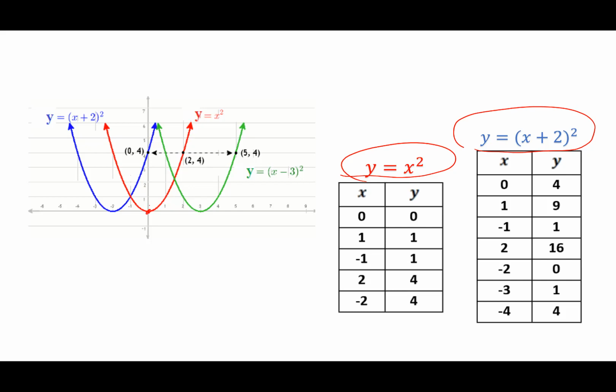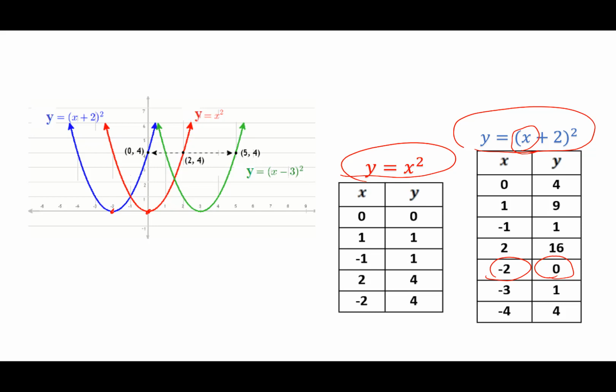Well, you used to have your origin at 0, 0, but now if you want y to be 0, you've got to put in negative 2 for x, because that will be negative 2 plus 2, which will give you 0 squared, gives you the 0 for y. So now the vertex is at negative 2, 0. It's been scooted over to the left by 2 units.